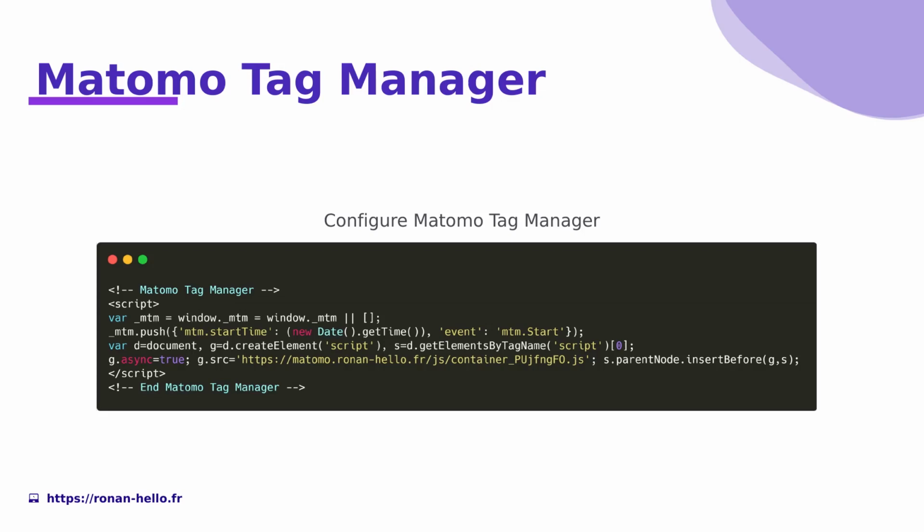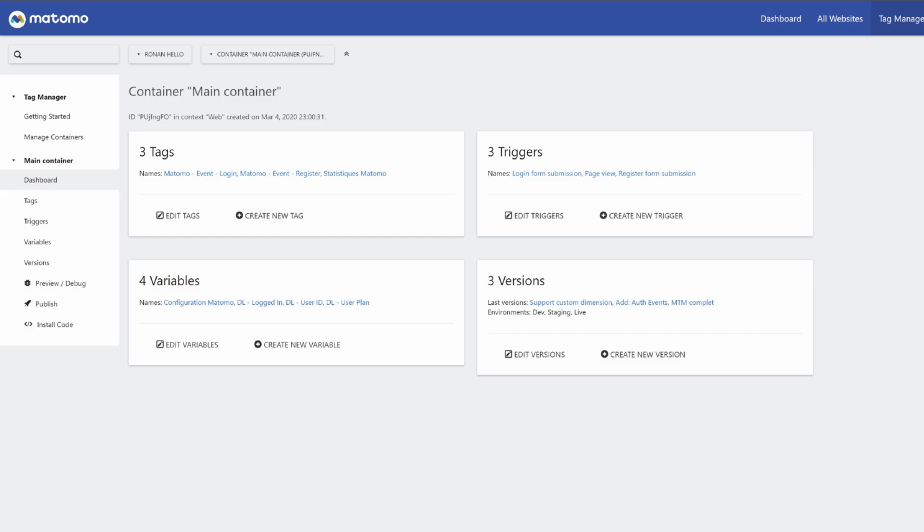Don't forget to place the default Matomo statistic tag, which allows you to recreate the default Matomo configuration. Matomo Tag Manager provides you a cool interface to create tags or configure some cool stuff like custom events and many things that we will see in this talk.